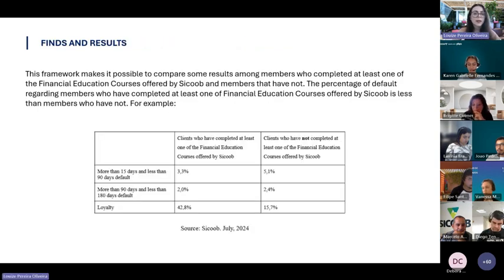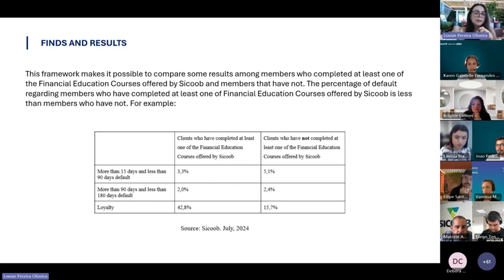And here are our results. I used this data in the paper, July 2024, and we can see in the second column clients who have completed at least one of the financial education courses offered by Sicoob. In the last column, we have clients who have not completed at least one of the financial education courses.